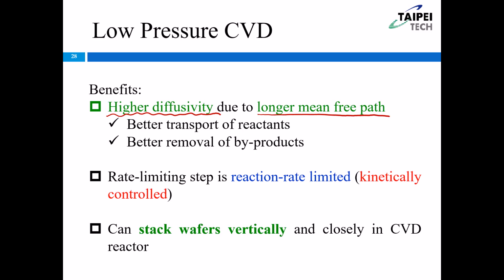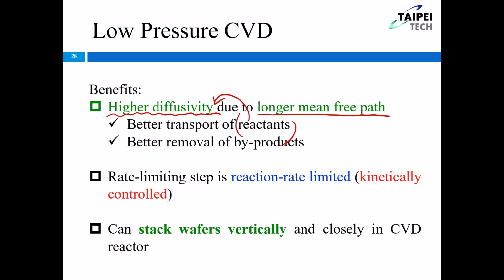So there is high diffusivity of the reactant, which means better transport of the reactant, because the reactant will not collide with the air. Also, we can remove the byproduct more easily because there is no air.